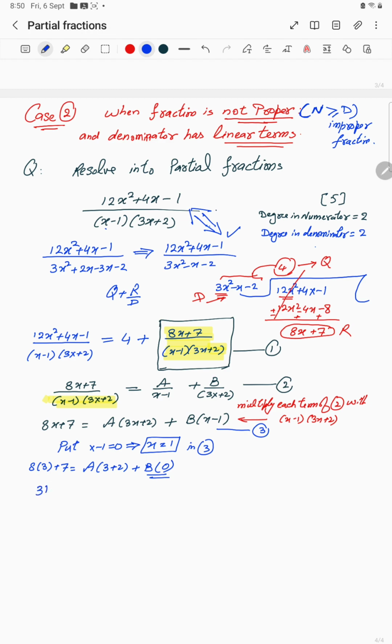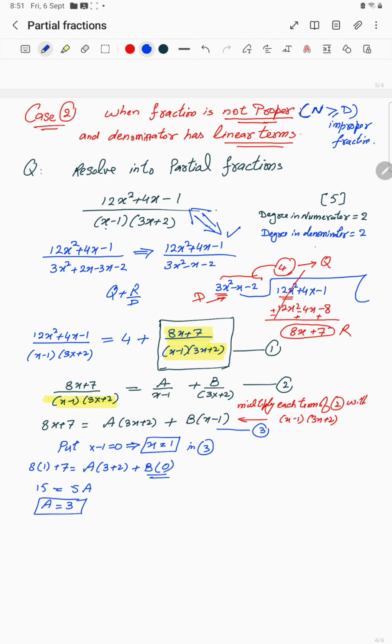Here we made a little mistake: we replaced x with 1, so it is 8 times 1, 8 plus 7 is 15, and that equals 5A. So A will be 3, by dividing by 5 on either side.